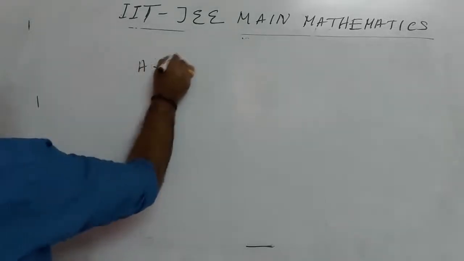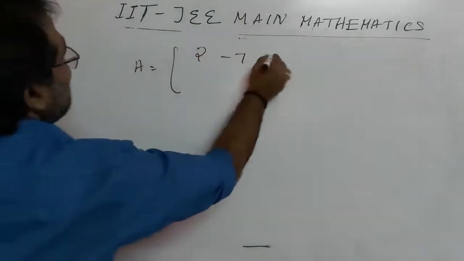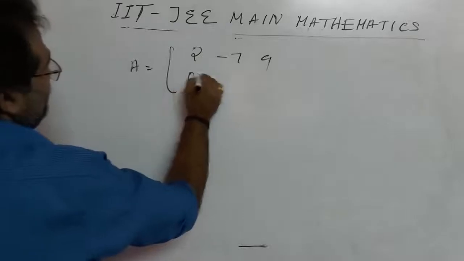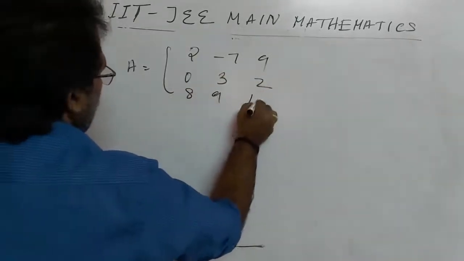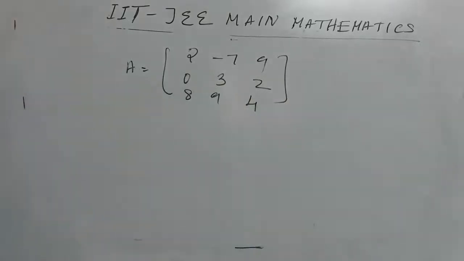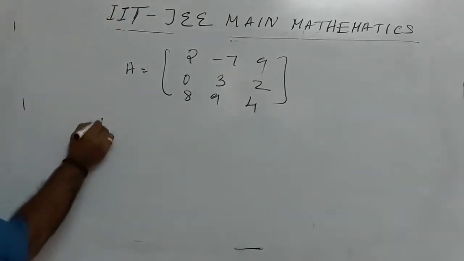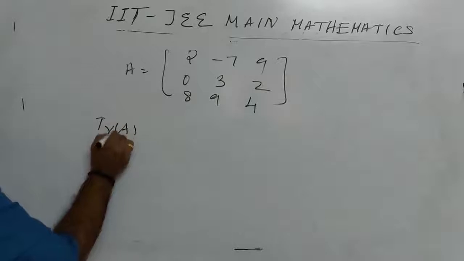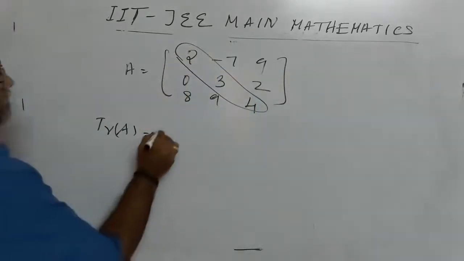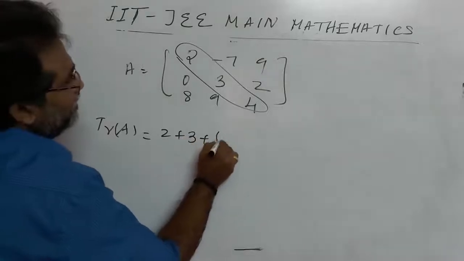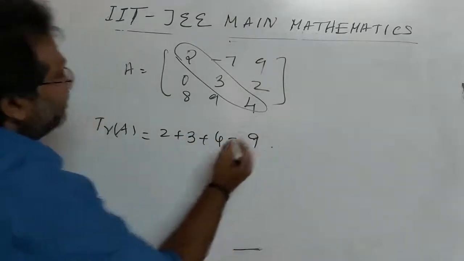Suppose you take A equal to 2 minus 7 9, 0 3 2, 8 9 4. Trace A means you add these diagonal elements 2 plus 3 plus 4 equal to 9.